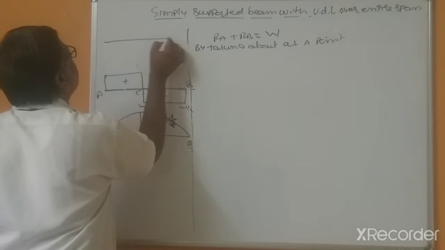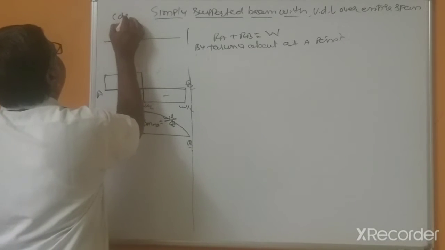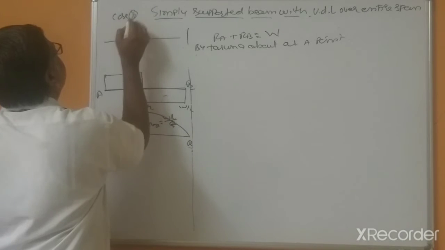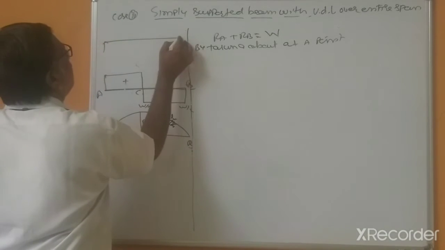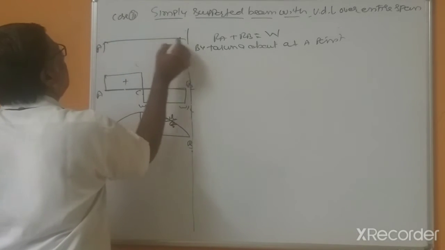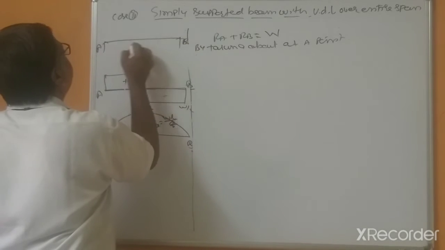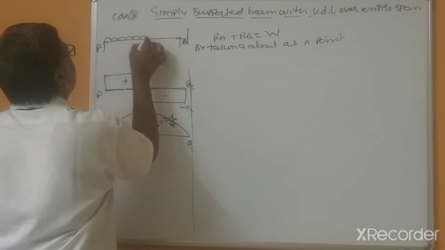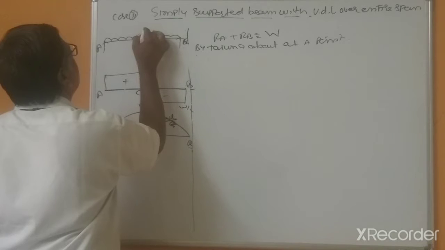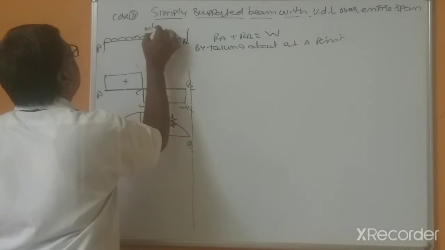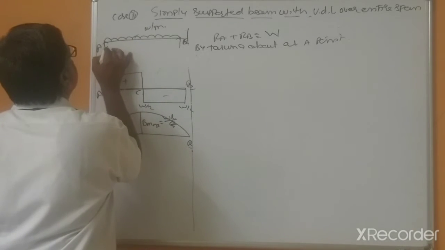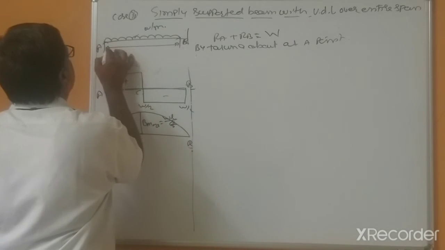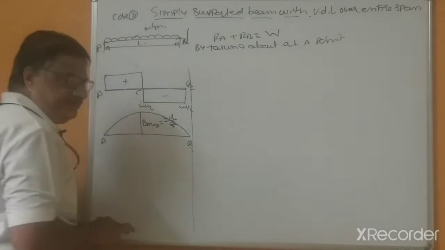Suppose this is point A, point B, and over the entire beam the load is w per meter, and the length of the beam is capital L.